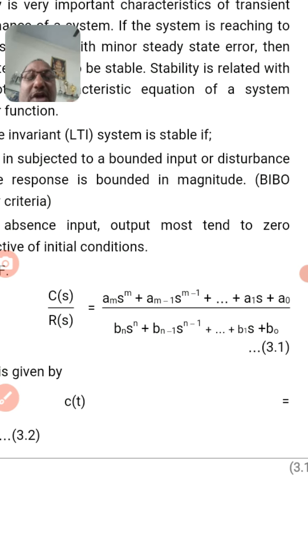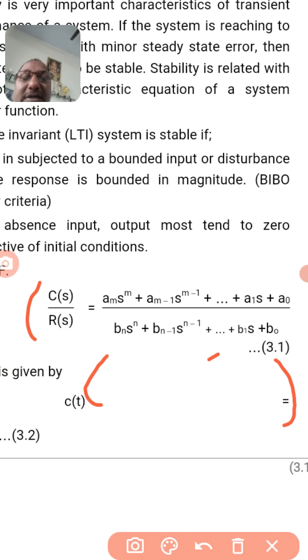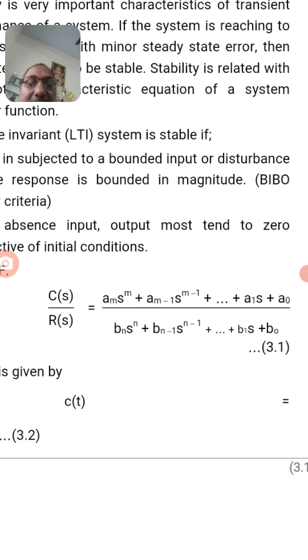And in the denominator you will find b_n into s raised to n, where if s minus x is equal to 0 suppose, then it makes C of s upon R of s equal to infinity. So the numerator makes the transfer function equal to 0 and the denominator makes the transfer function equal to infinity.